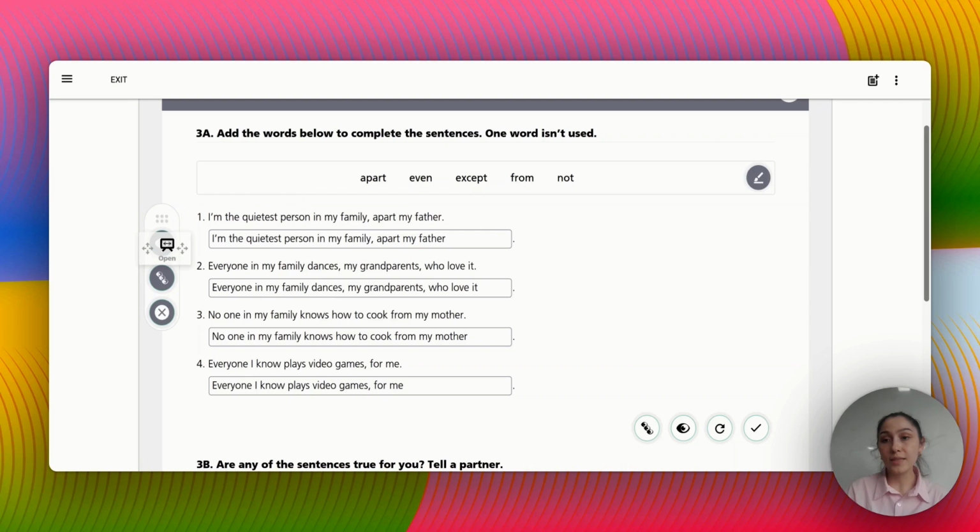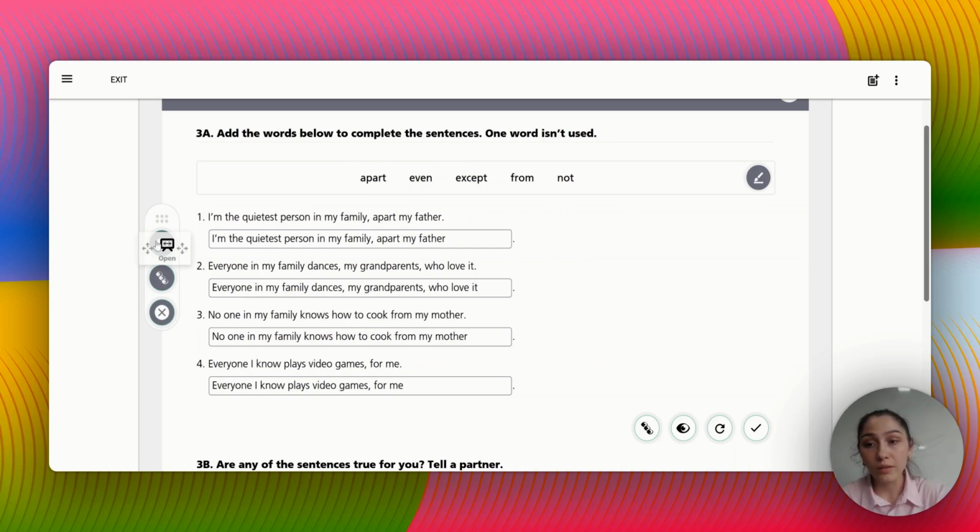Okay, exercise 3A here. We need to add the words below to complete the sentences. One word isn't used, which means we have one extra word from this list. Number one, I am the quietest person in my family apart my father.